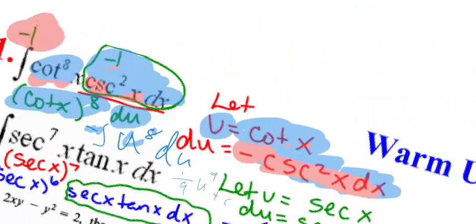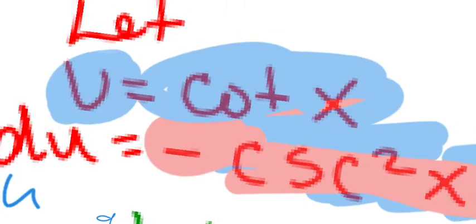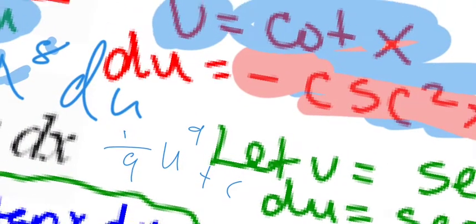And when you plug back in, remembering that u equals cotangent, you should end up with 1/9 cotangent to the 9th of x plus c. Alrighty, so that would be the first problem. Let's do the second problem.